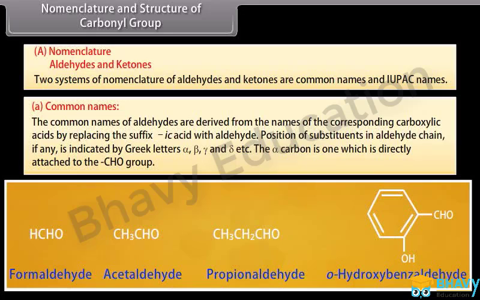Position of substituents in aldehyde chain, if any, is indicated by Greek letters alpha, beta, gamma and delta, etc. The alpha carbon is one which is directly attached to the aldehydic group.